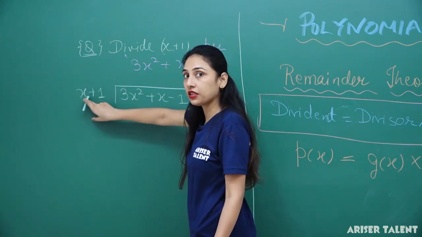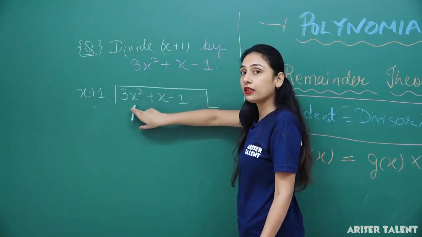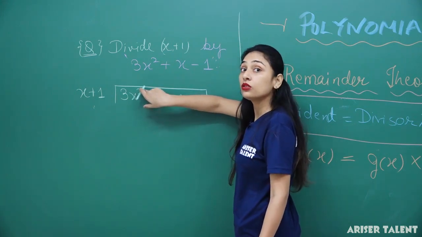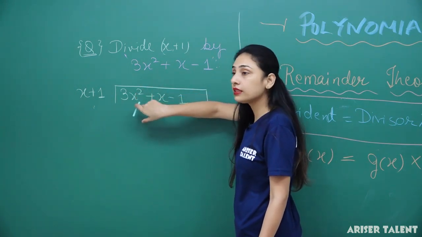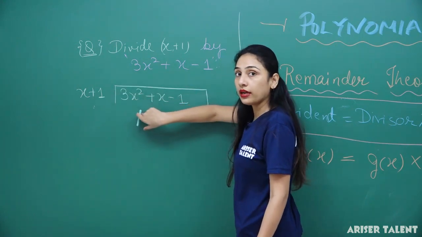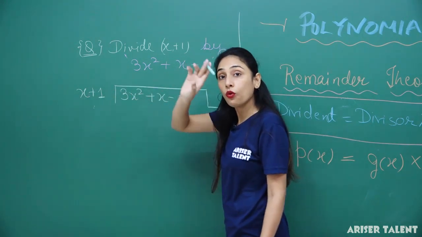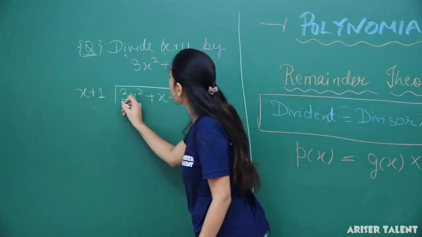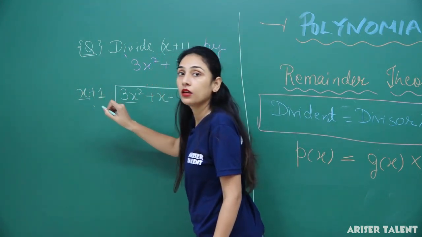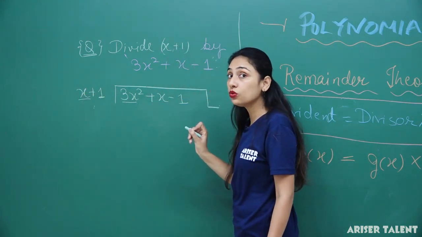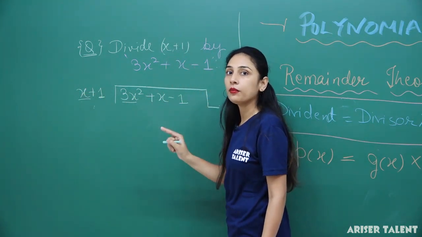Here in the dividend the highest degree is 3x square, so highest degree is 2. So highest degree terms are 3x square and x. What I am going to do is pick the first terms of both these two and divide them.